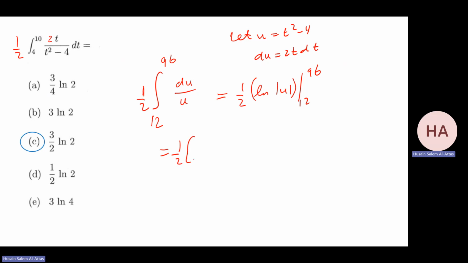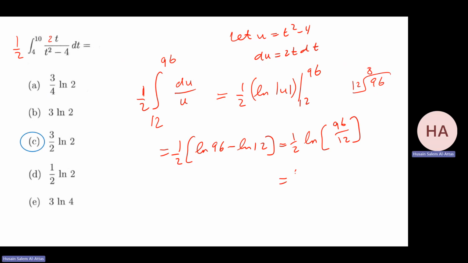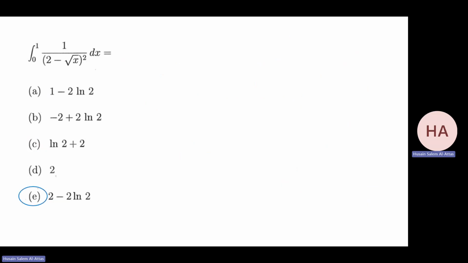That will be half of ln 96 minus ln 12, which is half ln of 96 over 12. 96 over 12 is 8. That will be half ln 8, half ln 2 to the power 3, which is 3 over 2 ln 2.